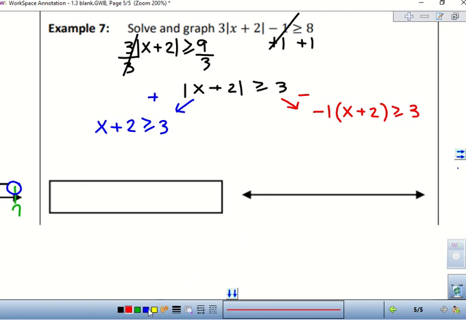I'm now going to solve each of these inequalities individually. I do that by subtracting 2 on both sides, giving me x is greater than or equal to 1.